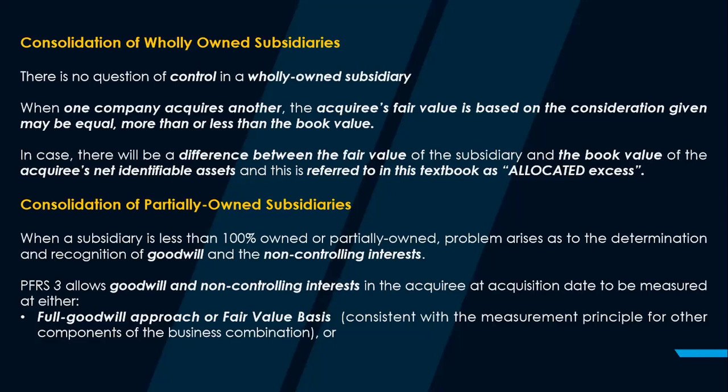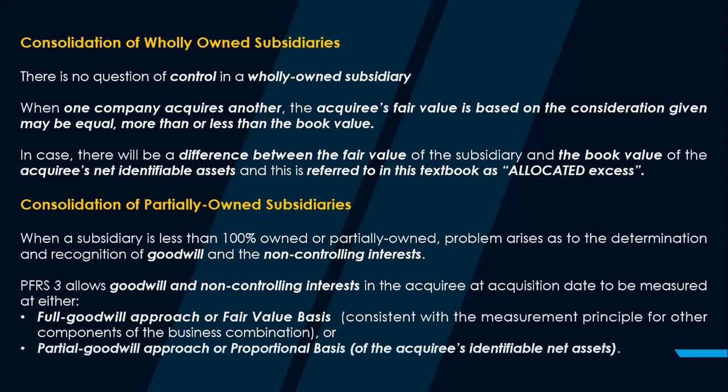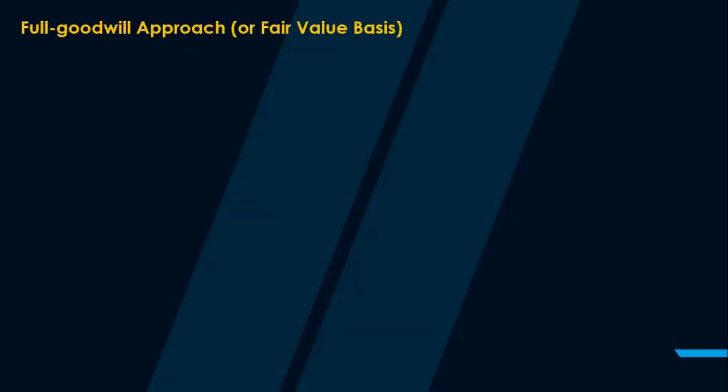PFRS 3 allows goodwill and the non-controlling interest in the acquiree at acquisition date to be measured at either the full goodwill approach, or fair value basis, consistent with the measurement principle for other components of the business combination, or the partial goodwill approach, or proportional basis of the acquiree's identifiable net assets.